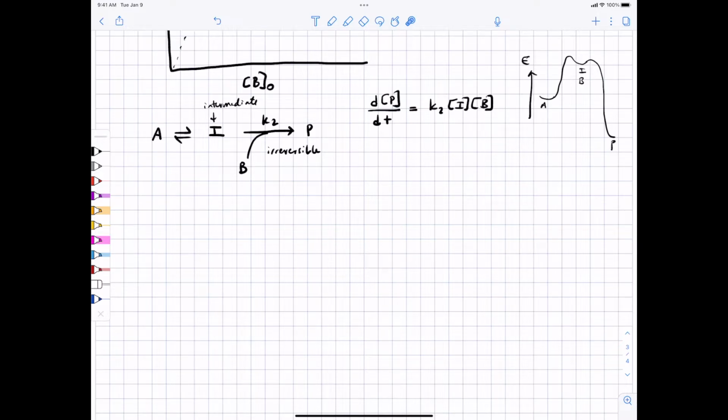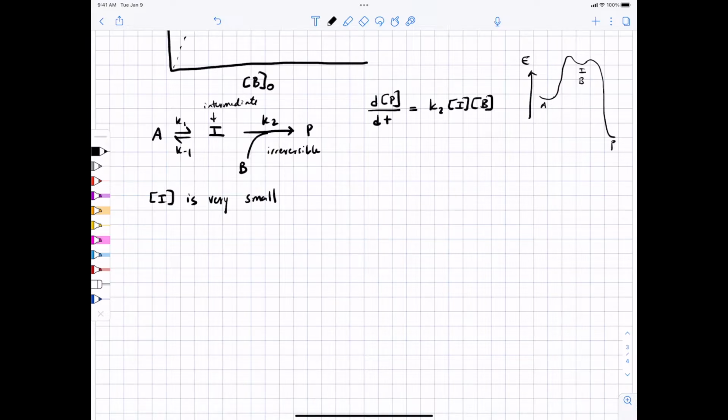All right. Because I is a high energy intermediate, we would expect the forward rate to be slower than the reverse rate, and therefore that the concentration of I is very small. If this were a high energy, for example, carbocationic intermediate, that would make sense, right?